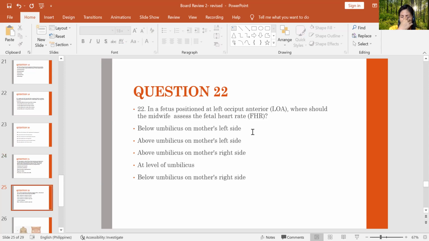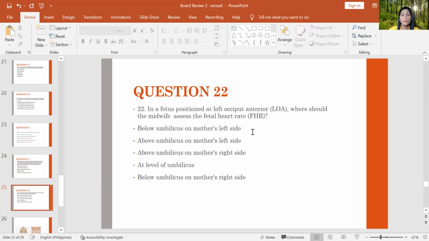Why? Because when considering where to hear the fetal heart rate best, kung saan yung pinakamagandang position, the midwife must consider the location of the fetal back. So using the Leopold's maneuver, we can locate where the fetal back is. So if you are done locating the fetal back, doon mo ilalagay yung what?